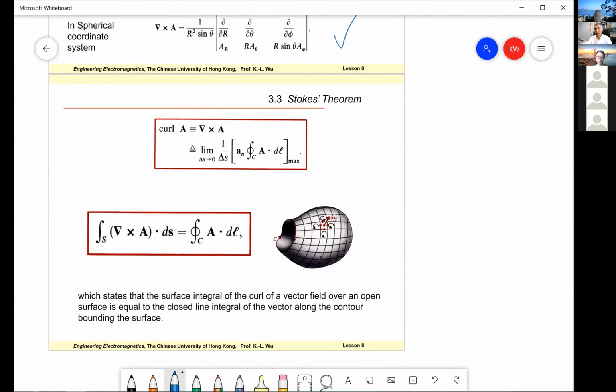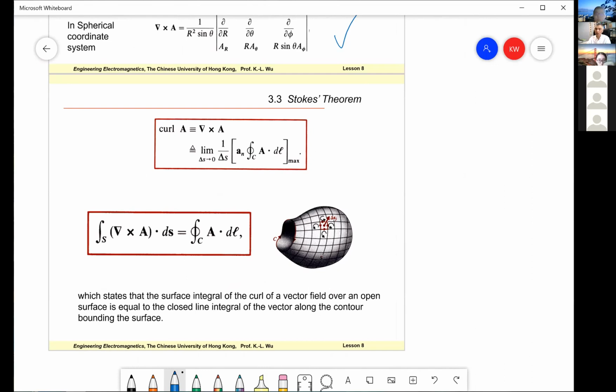So finally, let's find one theorem we call Stokes theorem. I think you'll learn this in engineering mathematics.